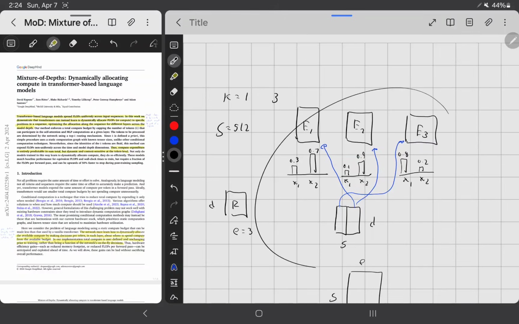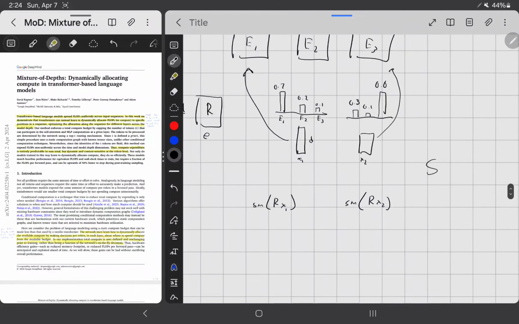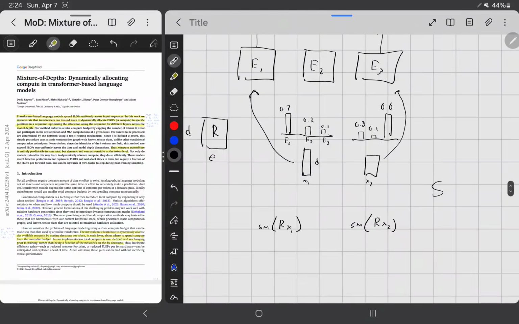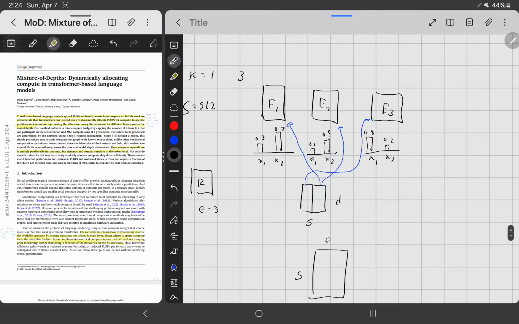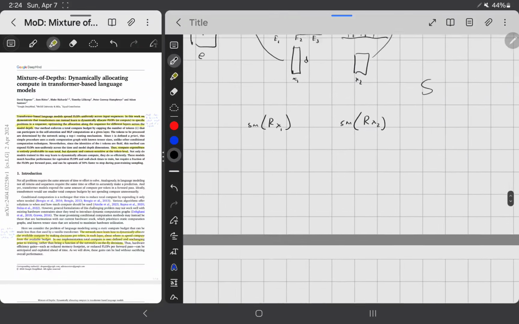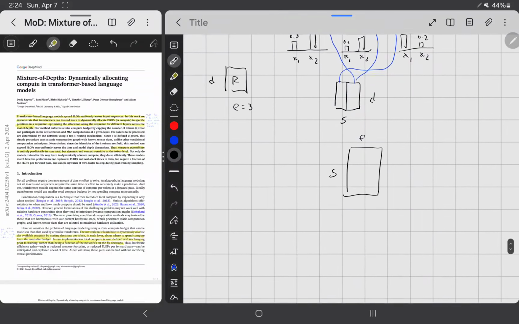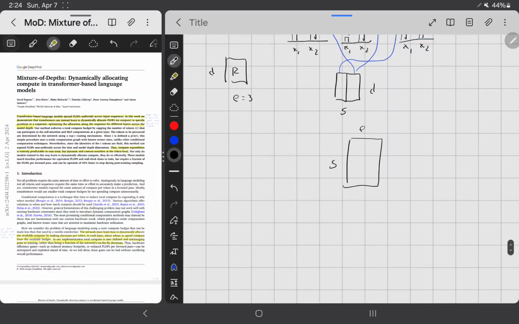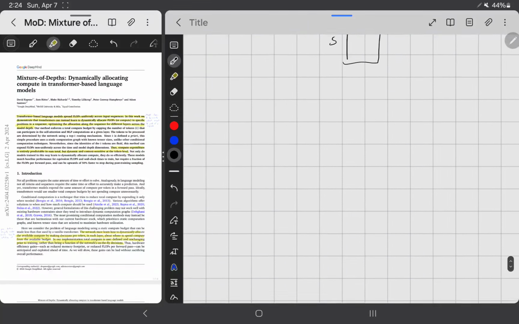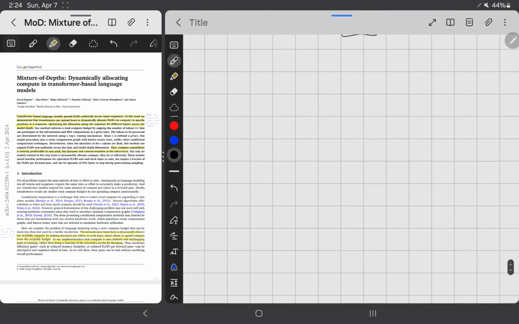But this problem is usually easier to deal with than the other one. So expert choice is usually used, and they actually do use expert choice in mixture of depths, where it's way easier to use. Anyways, these are the two methods used for mixture of experts, and they basically utilize this for mixture of depths. So how do they do this?